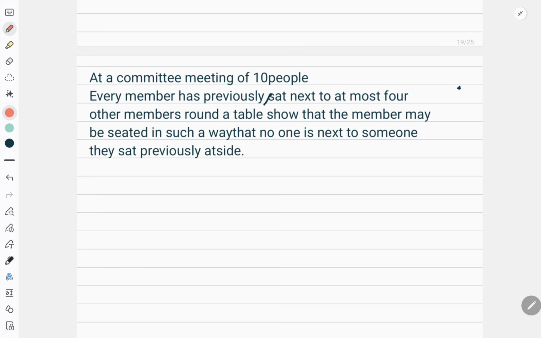So I can say in the second round he has at least 5 options, either 5 or 6 or 7 or 8 or 9. So if this is a person, he can sit next to at least 5 people. It can be more than 5, at least 5. Right, meaning the degree of each vertex is at least 5.